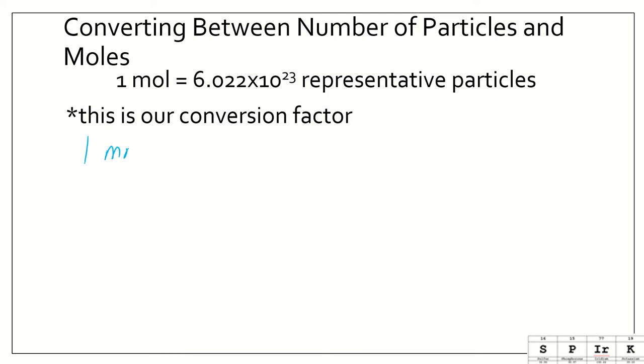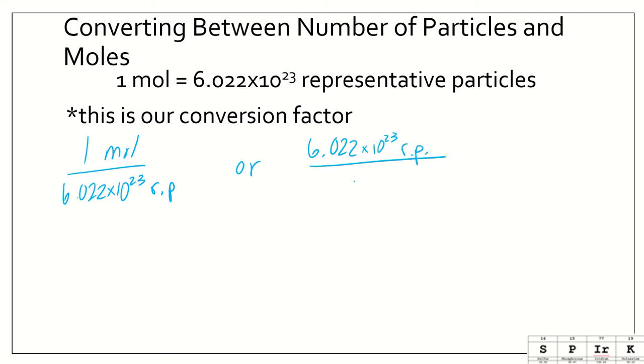So 1 mole over 6.022 times 10 to the 23rd representative particles, or we know that we can flip it, 6.022 times 10 to the 23rd representative particles is equal to 1 mole. So keep these in mind as we move forward.